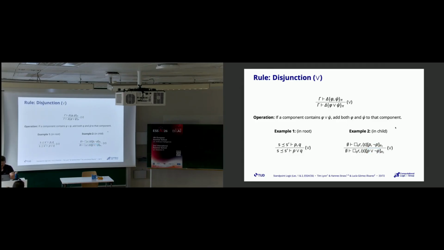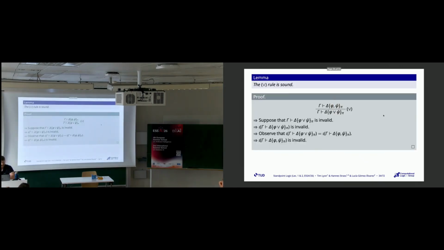It's very simple. And the soundness of this rule follows directly from the formula interpretation, since in the formula interpretation we interpret commas on the right-hand side disjunctively. So we'll show that on this slide. It's a very simple proof. To show this rule sound, we can assume that the conclusion is invalid. Now, if the conclusion of this rule is invalid, then obviously, by definition, the formula interpretation is invalid.